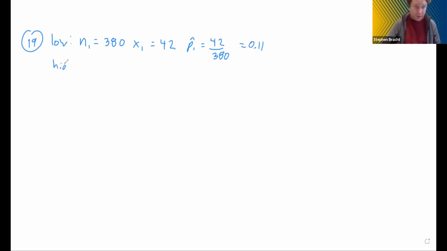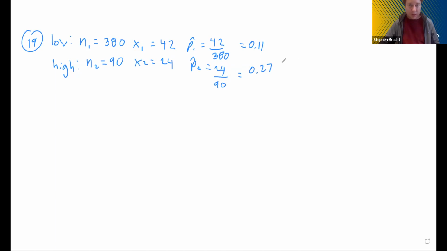For high, I have N2 equals 90, X2 equals 24, and P2 hat equals then 24 out of 90, equals 0.27, okay?